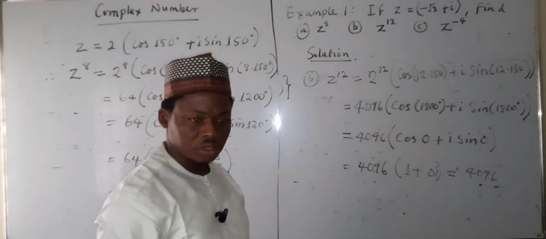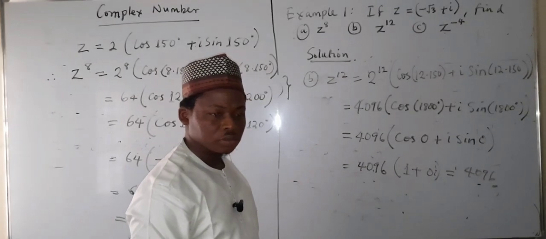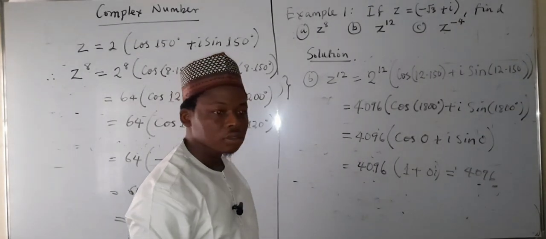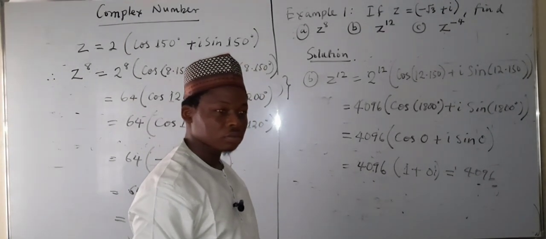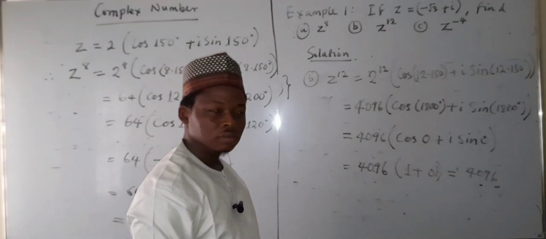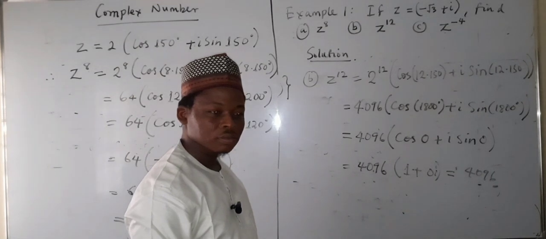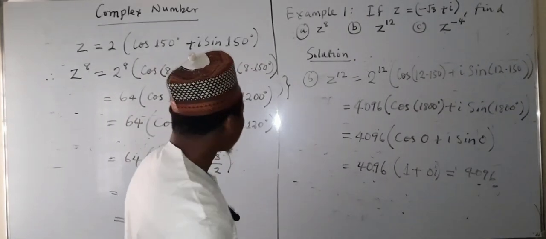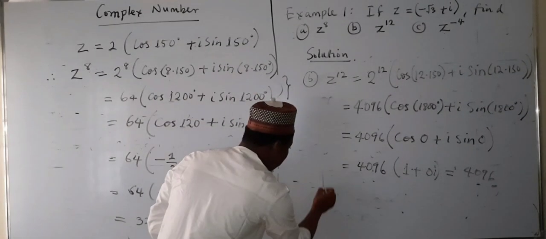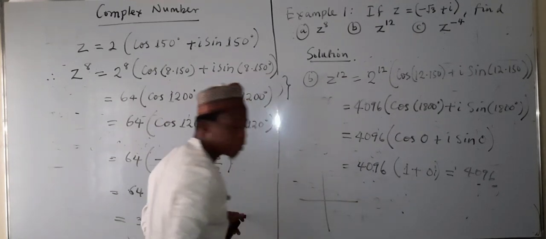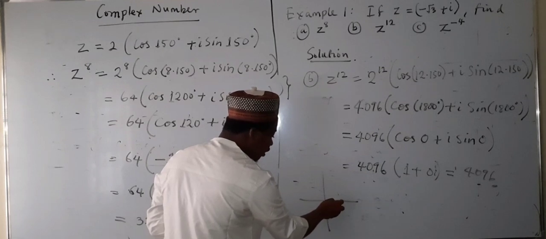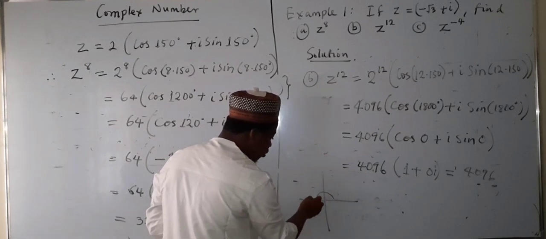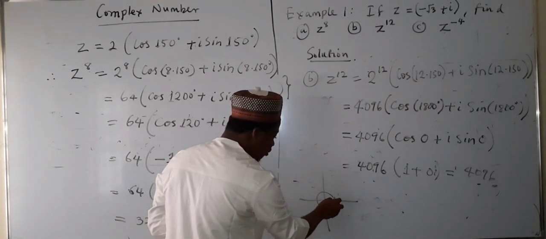We're trying to ask a question. How are you going to say that 360 goes into this? This is your quadrant, right? First, second, third, fourth. So this is 0, right? Yes. Now, 360.